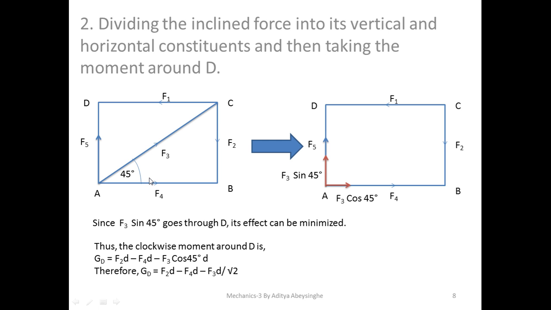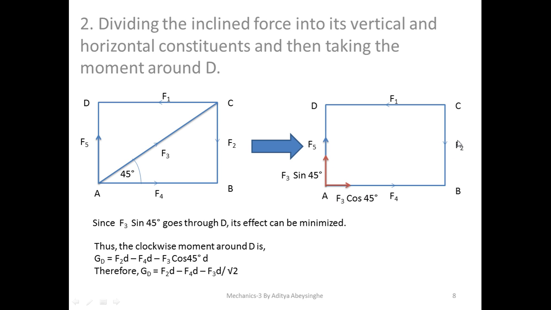Now first of all, you should eliminate the forces that go through the point about which we take moment. F1, F5 and F3 sine 45 go through D, so their moment is 0, so we can ignore the effect created by those three forces. However, F3 cos 45, F4 and F2 don't go through D, so we have to calculate the moment.